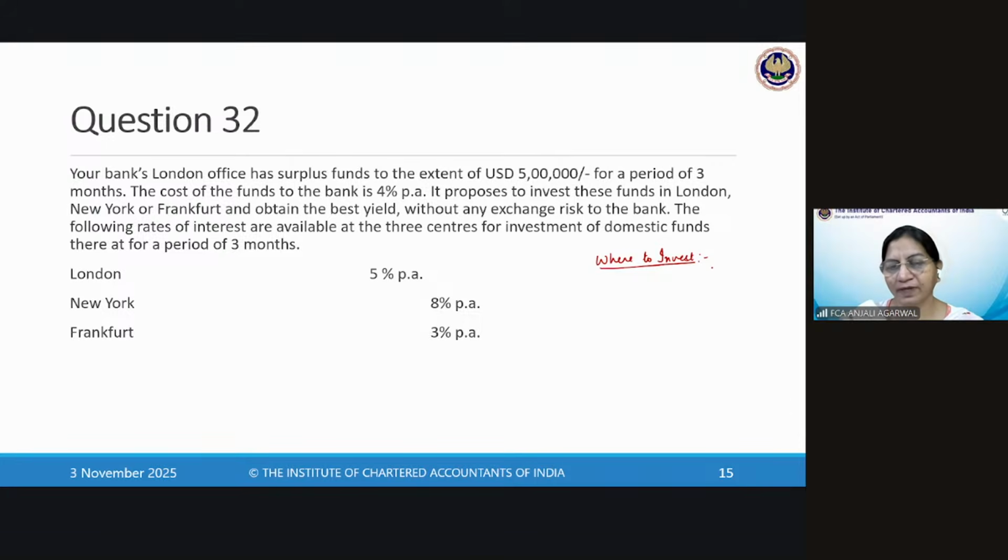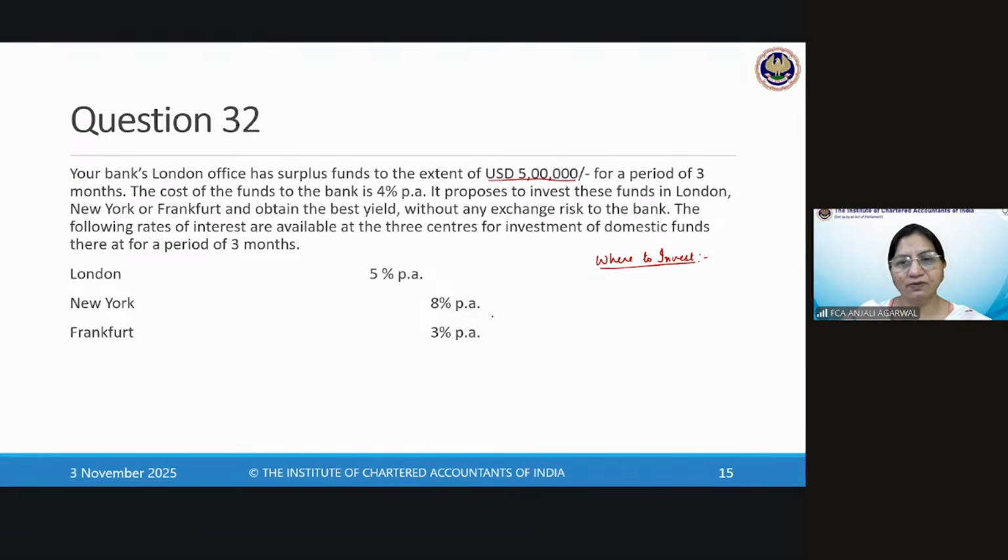You will optimize your funds by investing them in that market or place where they give you maximum returns. So we are going to calculate this. Your bank's London office has surplus funds to the extent of $500,000. Now you have 3 options: you can invest in London, New York, or Frankfurt. All the 3 places are giving you different rates of interest.